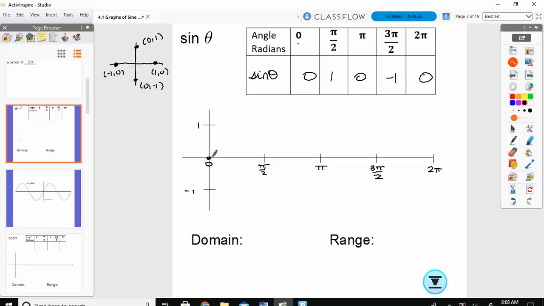So I have 0, 0. Pi over 2 is 1. Pi is 0. 3 pi over 2 is -1. And 2 pi is 0. Does everyone understand how we got those points?